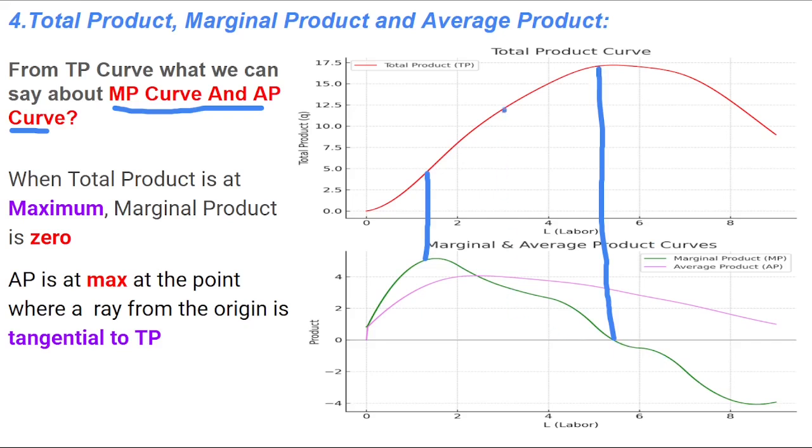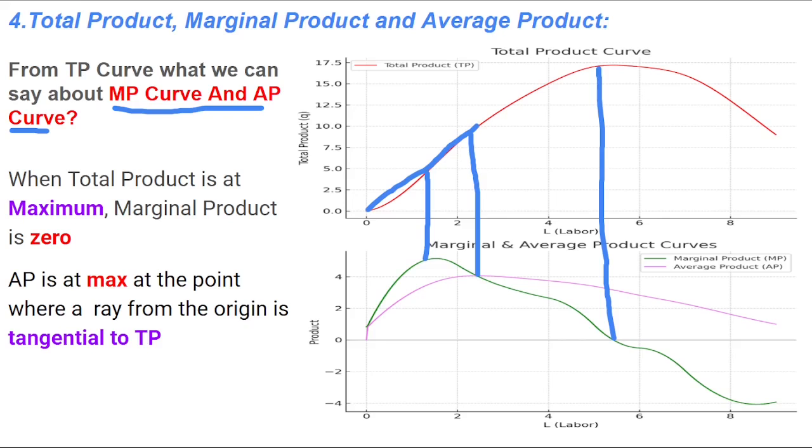For TP and AP, what can we say? At the maximum point of AP, if we draw a ray from the origin of TP, at the point where our ray is tangential to TP, our AP is max.